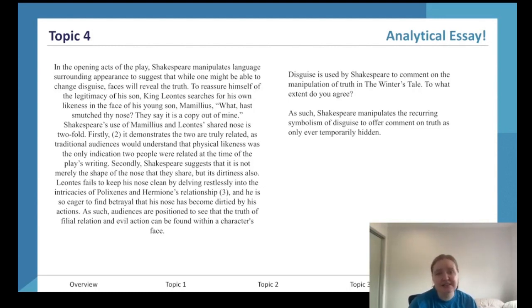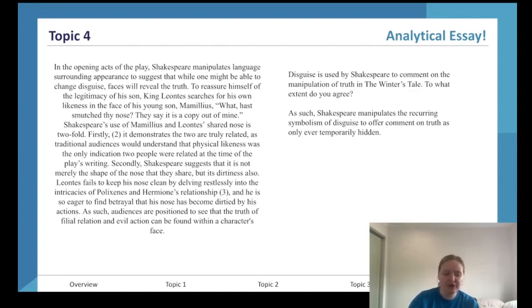And the thesis prompted by this question is, as such, Shakespeare manipulates the recurring symbolism of disguise to offer comment on truth as only ever temporarily hidden. So you can see how you've got Shakespeare clearly used across both, manipulation across both, truth across both, and you can see how that thesis is really explicitly answering the question.